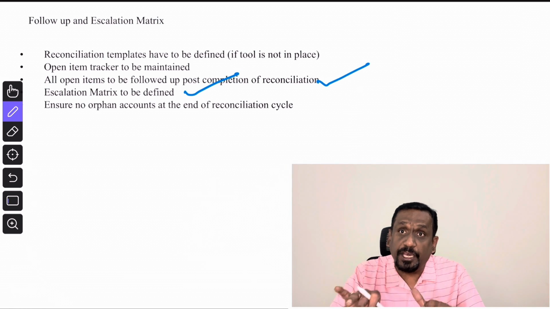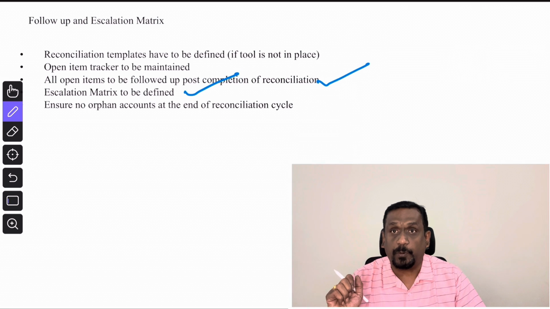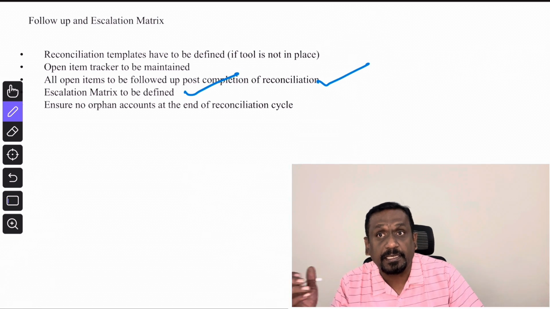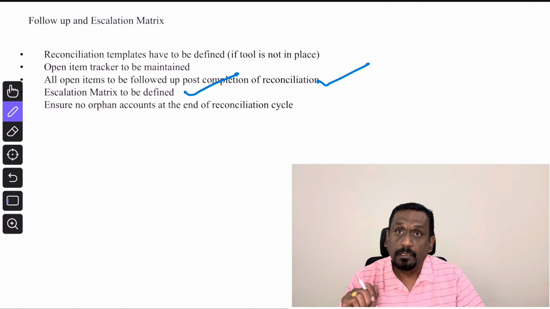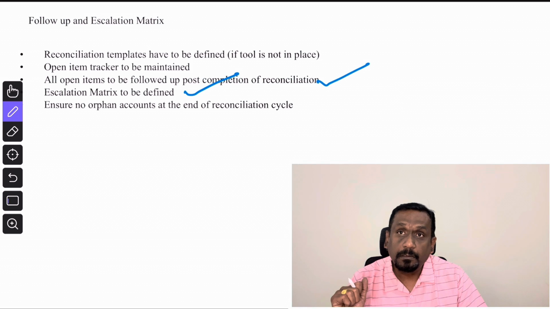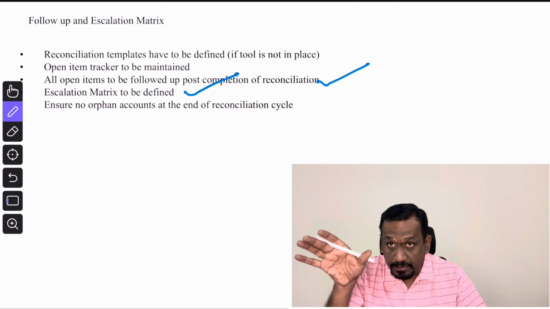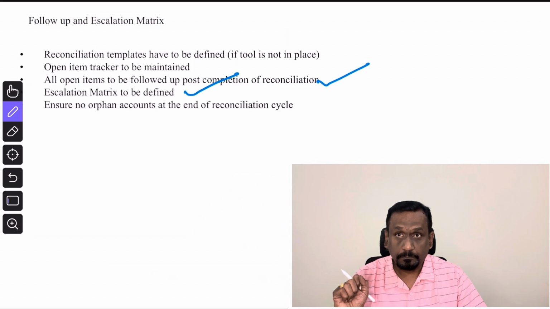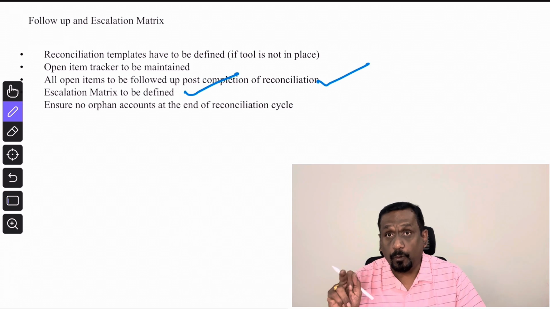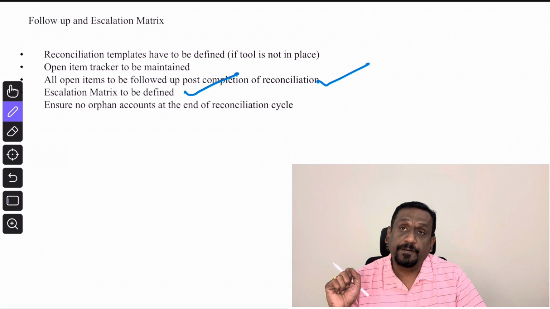Even after doing 3 follow-ups, if you did not get any response, then you need to define whom I should escalate this to. Is it to the controller? Is it to the CFO? Is it to the immediate manager of your counterpart? Those details have to be defined in your reconciliation policy, and you also need to follow the same escalation matrix defined in our policy.